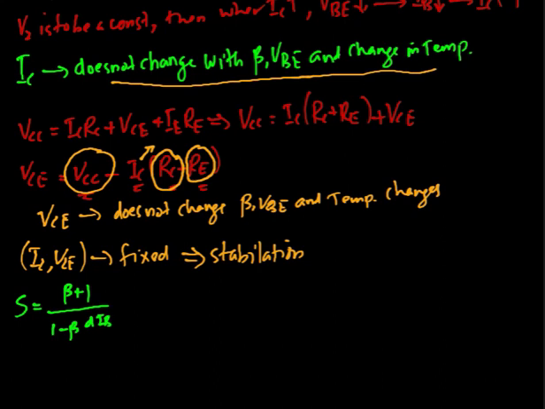For any circuit, the stability factor is given by S is equal to (beta plus 1) divided by (1 minus beta into dIB divided by dIC). So to calculate this stability factor, we first have to obtain the variation of the base current with the collector current, that is dIB by dIC.